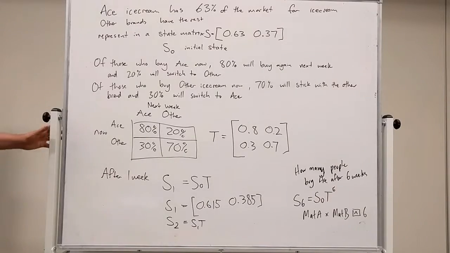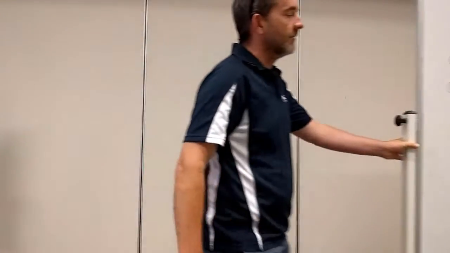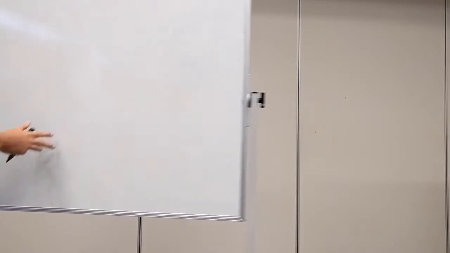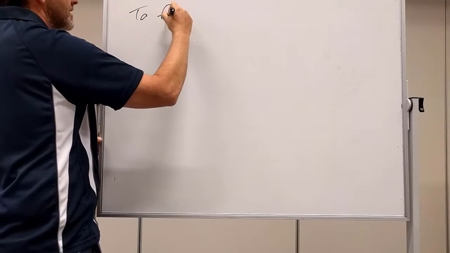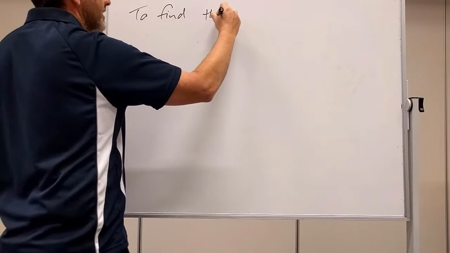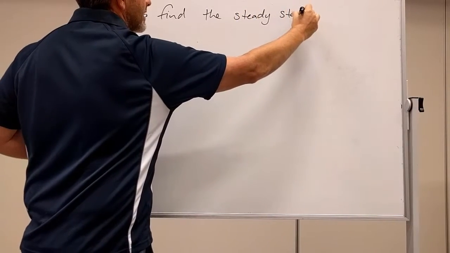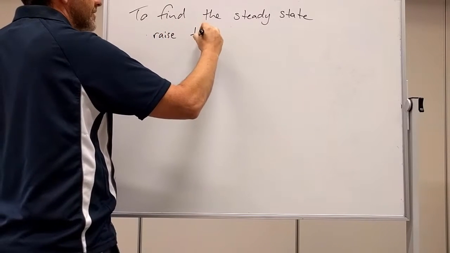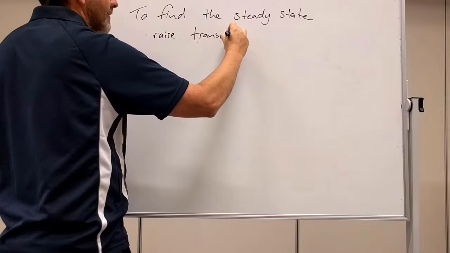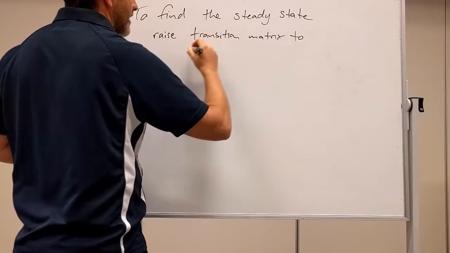To work out the steady state, to find the steady state, raise the transition matrix to a high number.